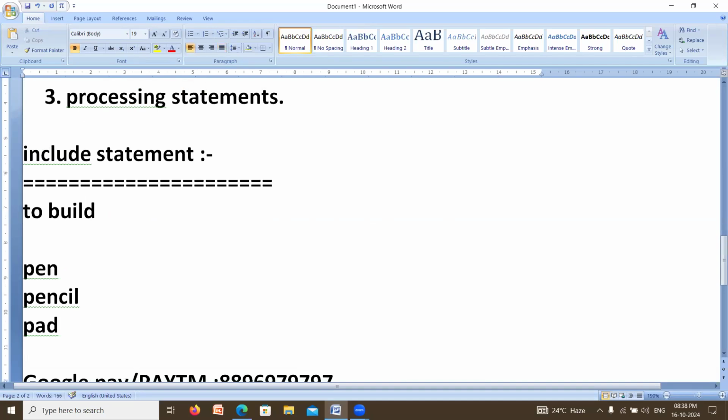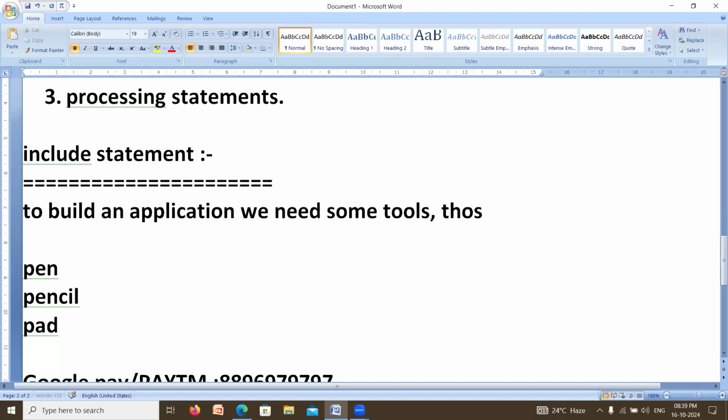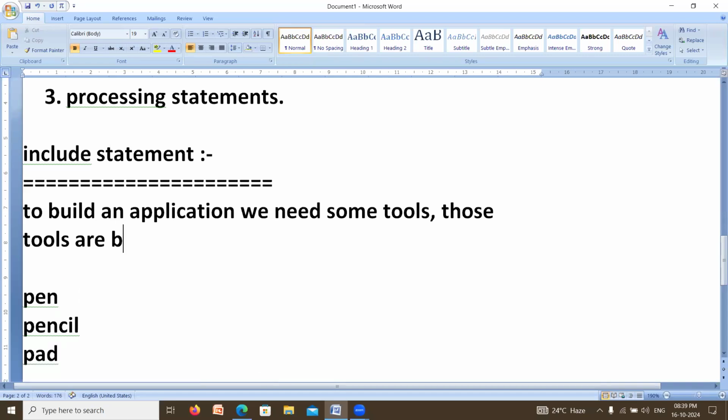To build an application, we need some tools. Those tools are built by developers and kept in a header file.